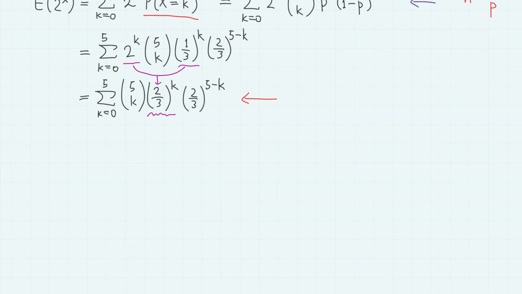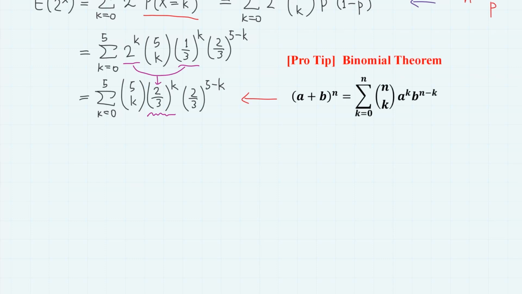And let's take a closer look at this expression. Doesn't this look familiar? Well, this is the form where the binomial theorem can be directly applied. Therefore, by the binomial theorem, this summation is simply equal to (2/3 plus 2/3) raised to the 5th power.